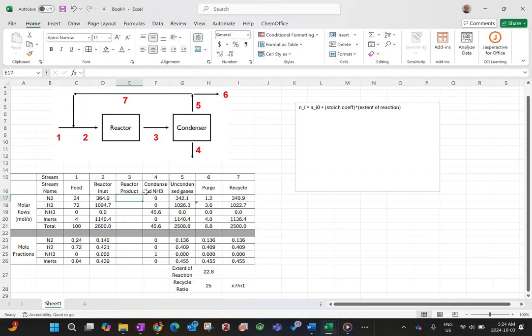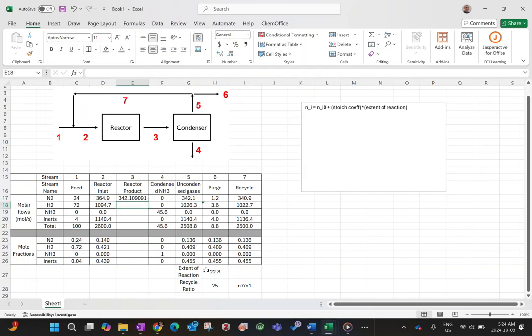So for the reactor inlet, basically we want, for nitrogen, the initial, and then plus, and for nitrogen, the stoichiometric coefficient is -1. And I want to do that times the extended reaction. Okay, so that's it for nitrogen. I'm going to do the same thing for hydrogen.